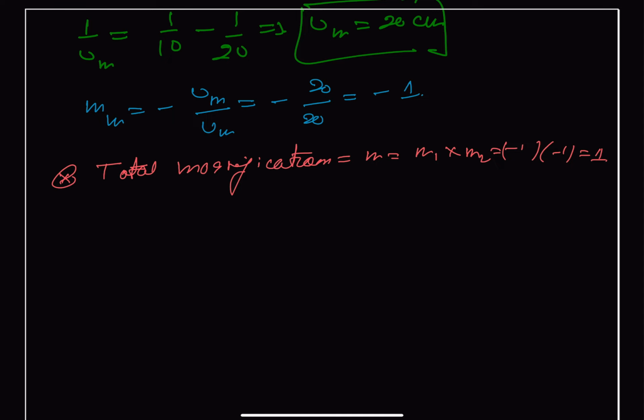So you can say the image will be 40 centimeter from the convergent mirror and magnification is 1, so it will be of the same size.